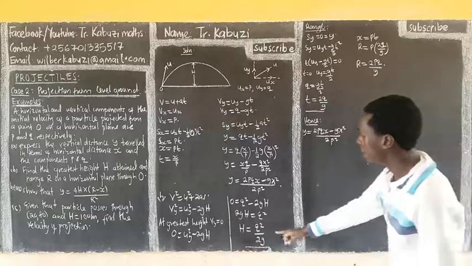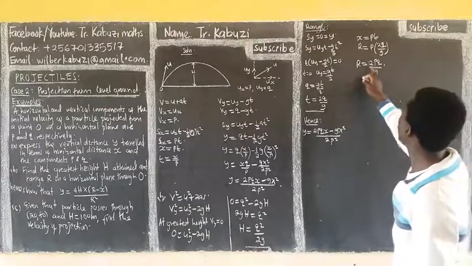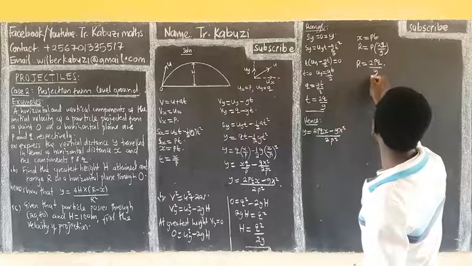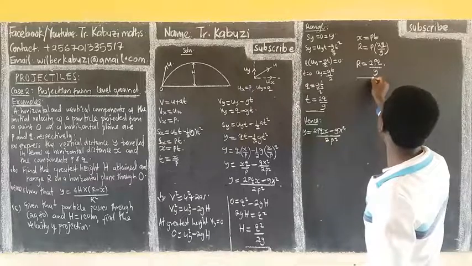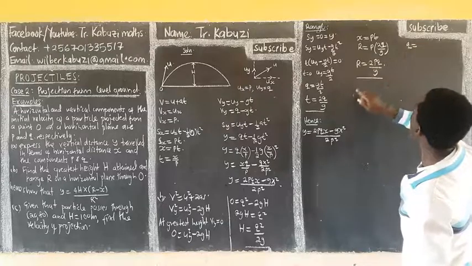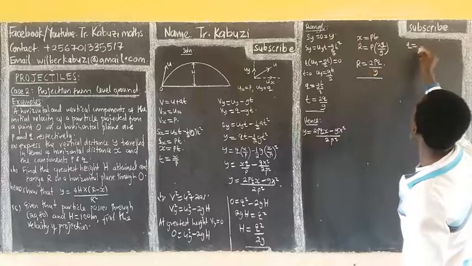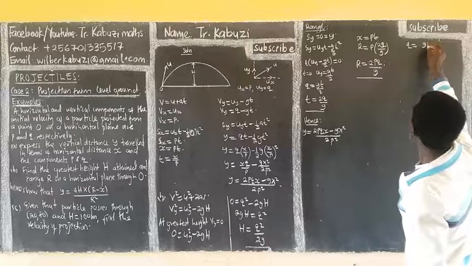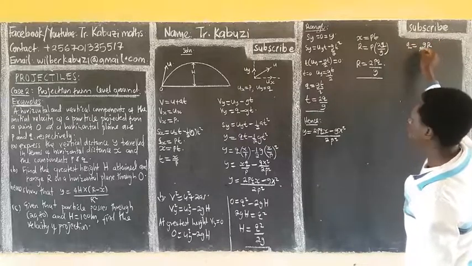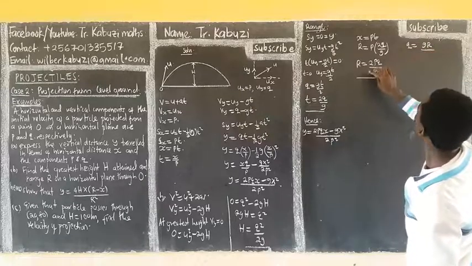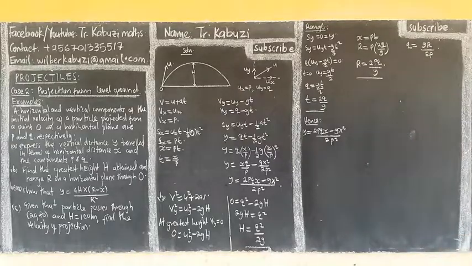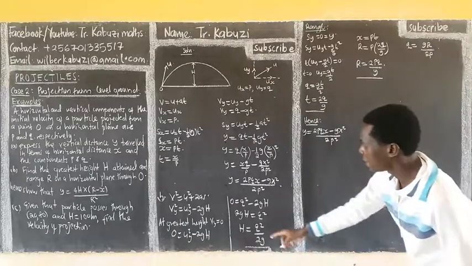Now, using this and this, from here I can make q the subject. So making q the subject, my q is going to be gr over 2p. Then I square it because I'm saying here it's squared.